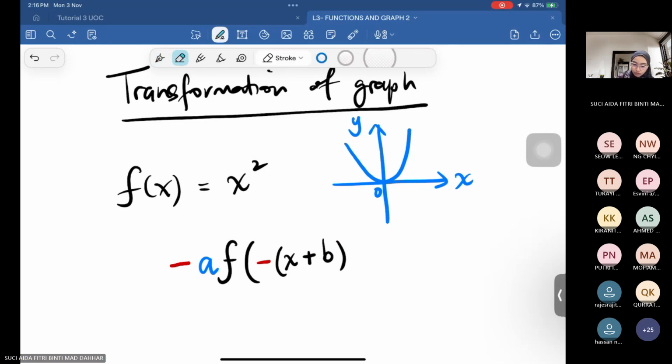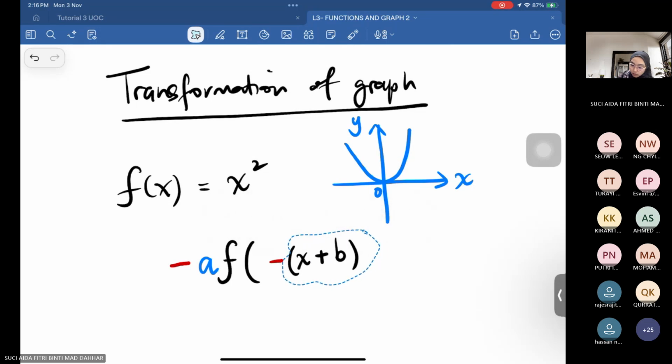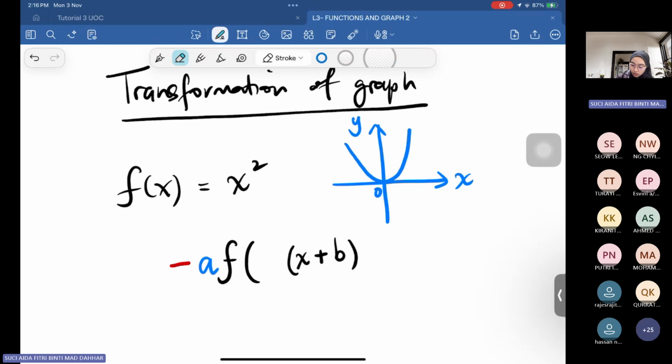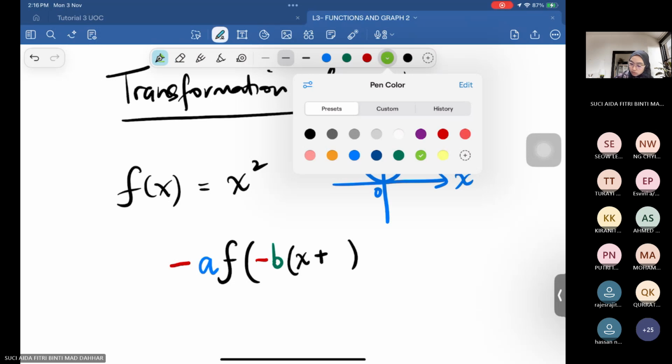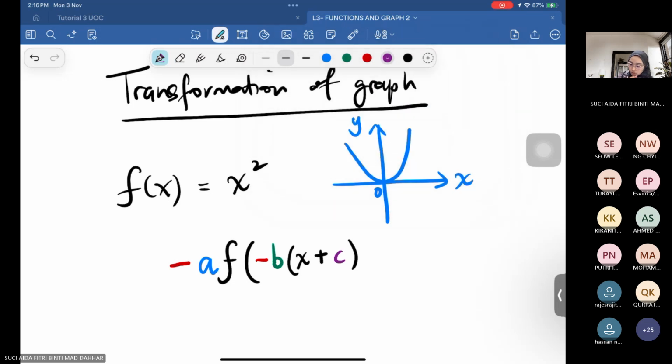Let me put negative b, and then the c is here, and then plus or minus d at the back.